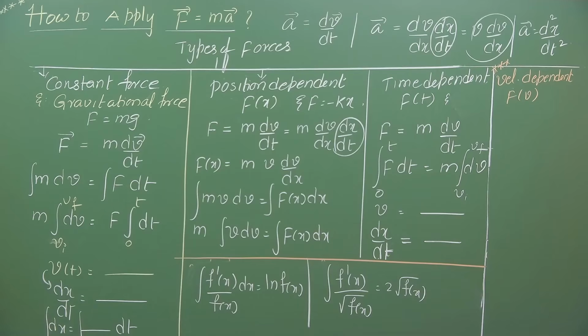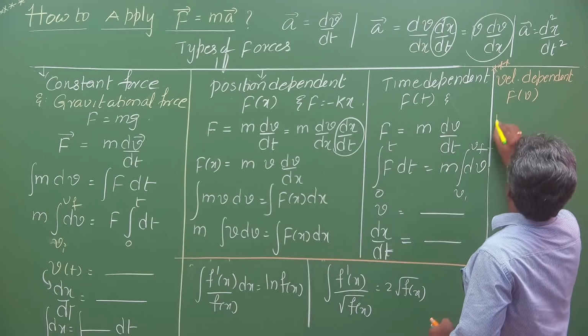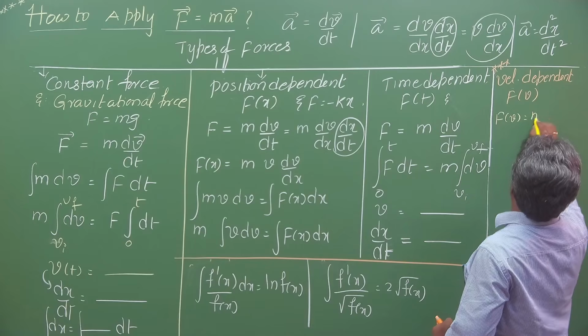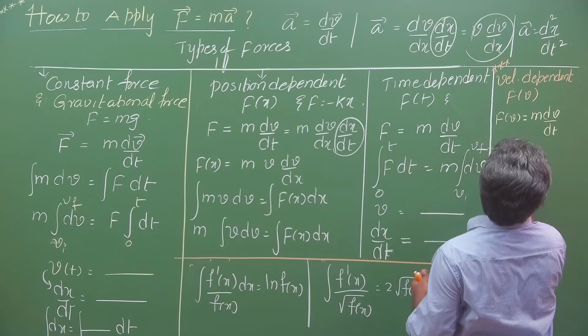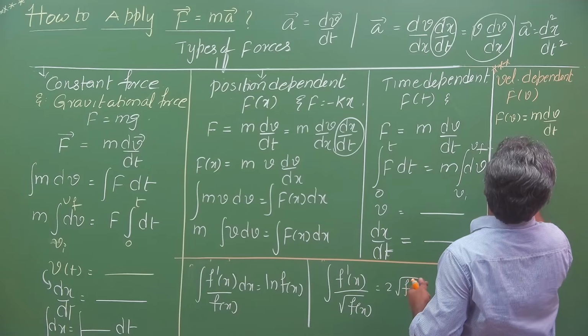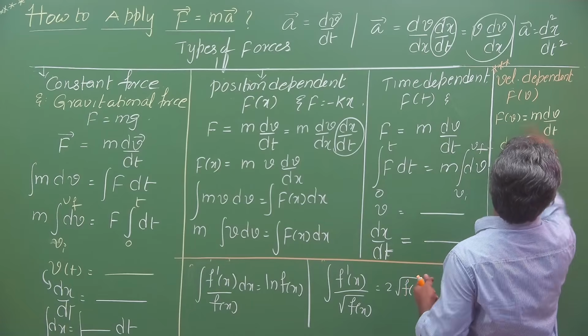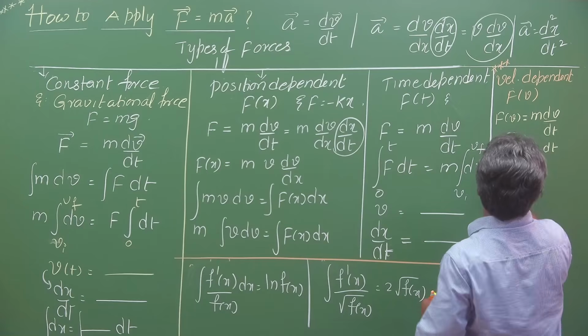Only these are the 4 applications based on Newton's equation of motion: either constant force or position dependent or time dependent or velocity dependent, nothing else. So here f of v equal to m dv by dt, very simple, just make it variable separable, that means dv by f of v, bring this f of v this side and bring that m that side, 1 by m dt, that's it, over.